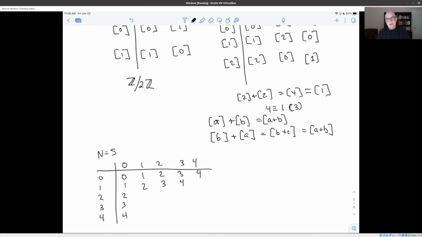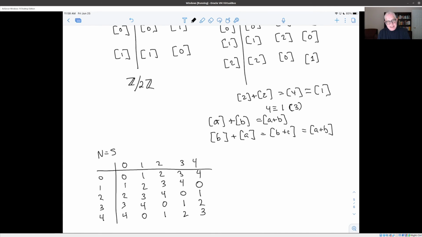Now 4 plus 1 is 5, but the remainder class that corresponds to 5 is 0, so we would write 0 here. Just so if we add 2 plus 1, we get 3, 4, 0, and then we have 2 plus 4 is 6, but 6 has remainder 1 when divided by 5. Here we get 4, 0, 1, 2, and then we get 0, 1, 2, 3.